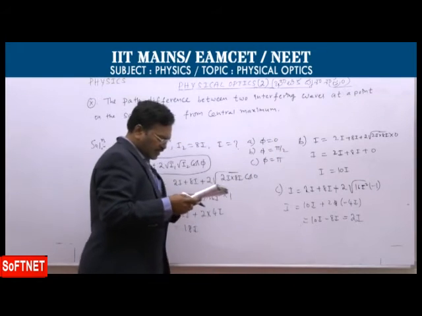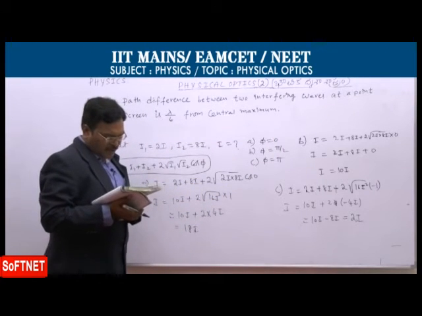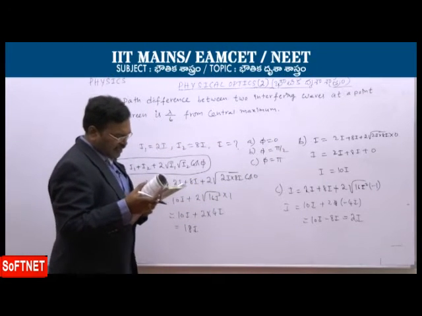From central maximum, the ratio of intensity at this point and that at the central fringe will be.